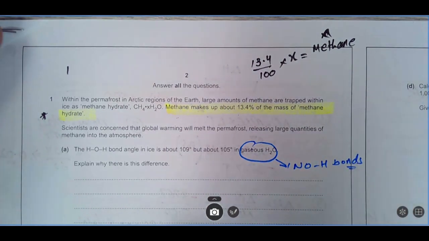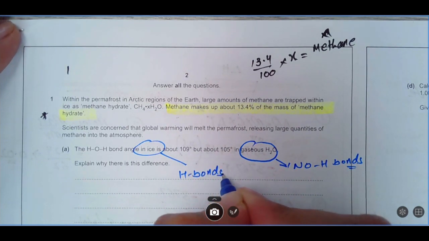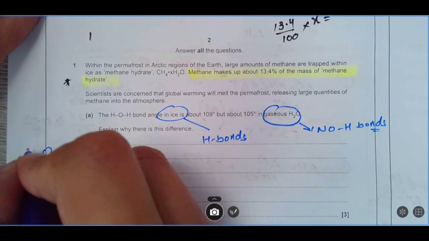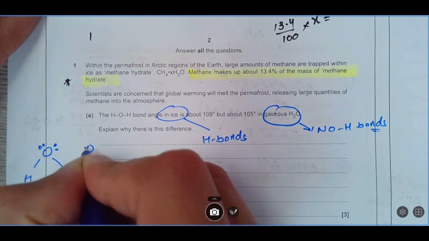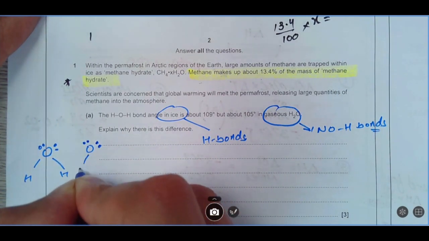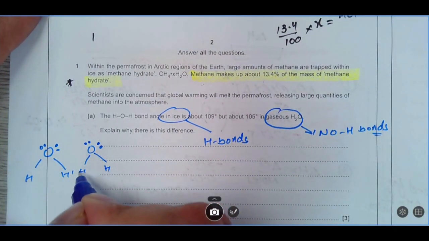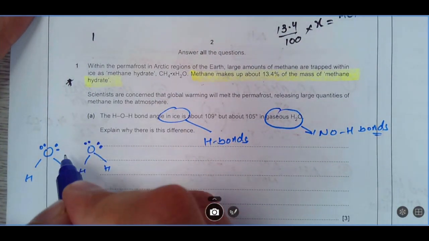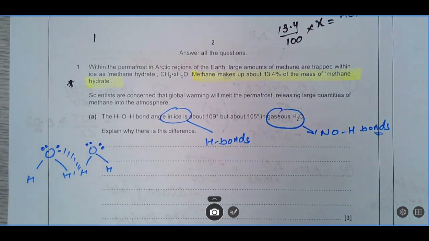When it is ice, there are H bonds. If I draw a water molecule here, between the two there will be an H bond, and this H bond will pull it out. As a result of this, the bond angle will be bigger.